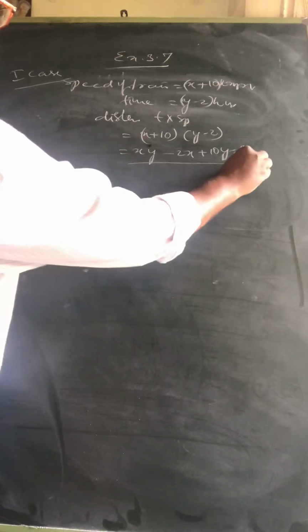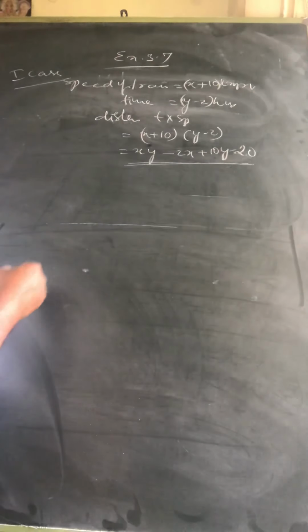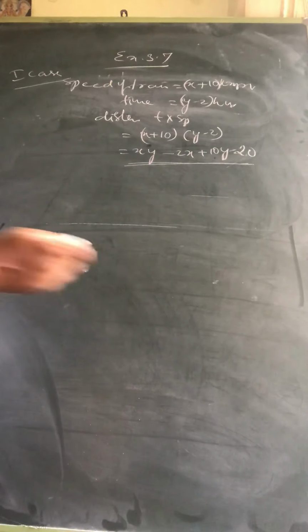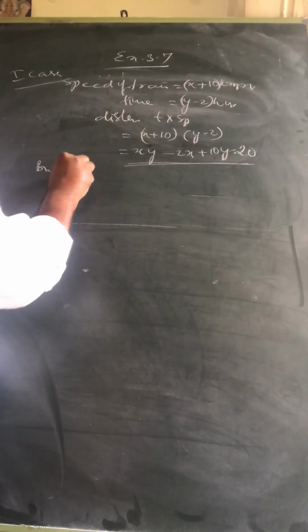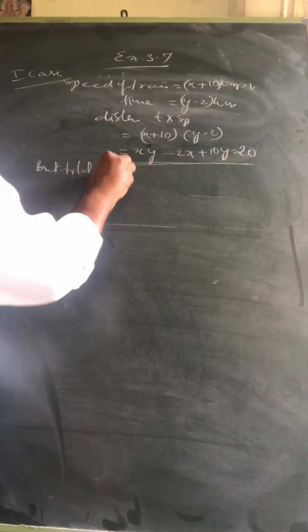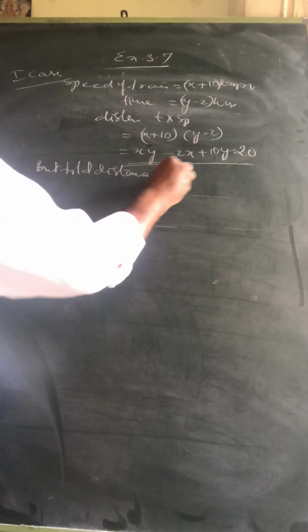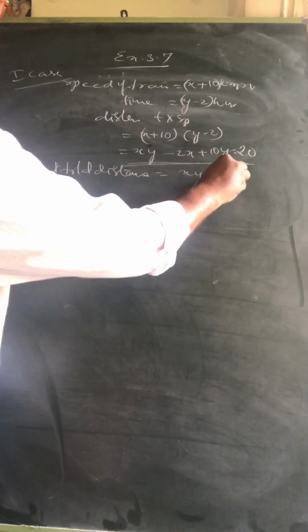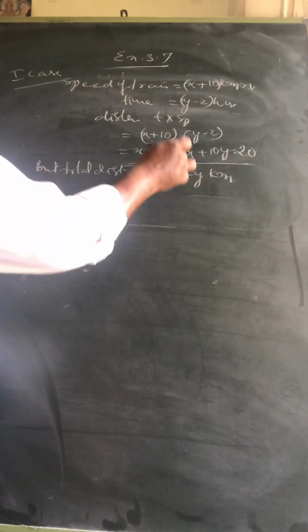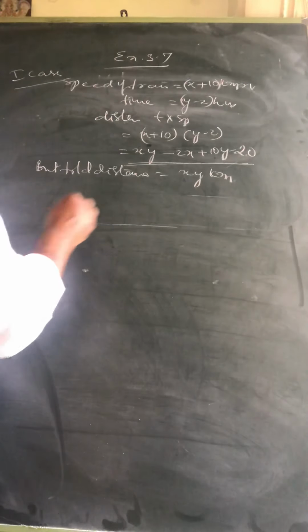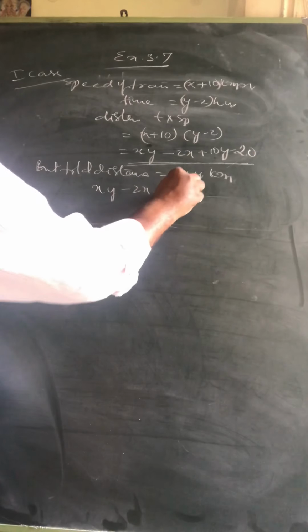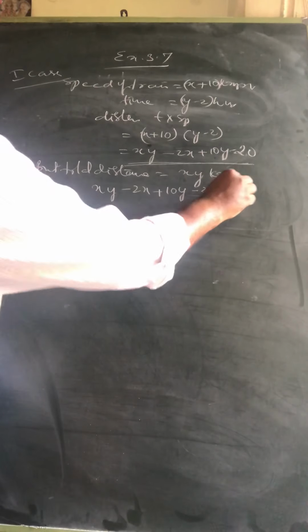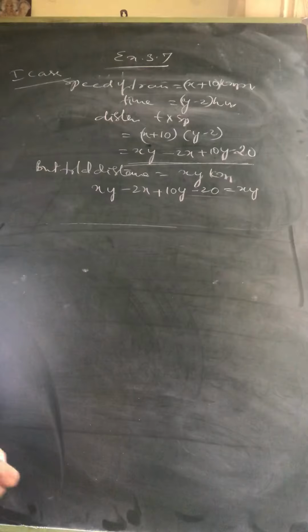Now this is the distance travelled by the train, but the actual total distance we got is xy kilometers. Therefore you have to equate them. So xy minus 2x plus 10y minus 20 is equal to xy.